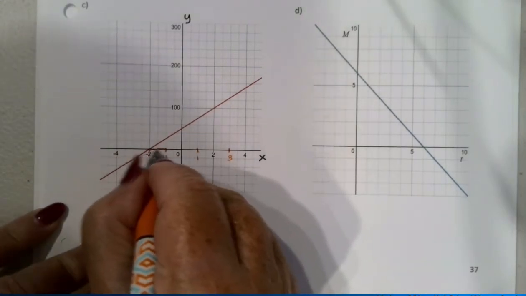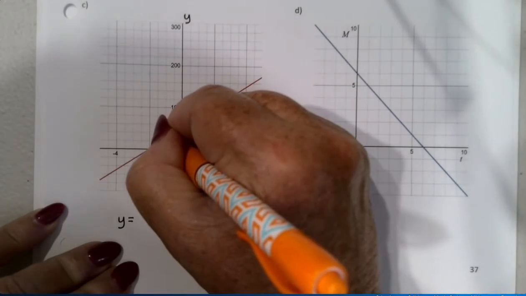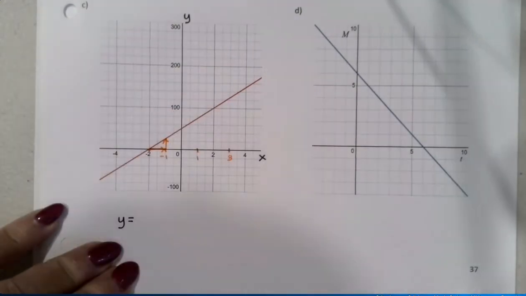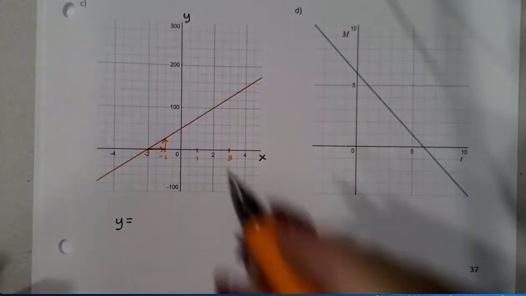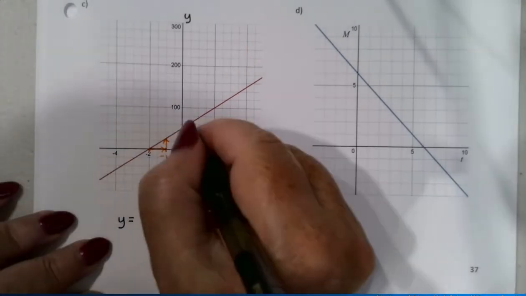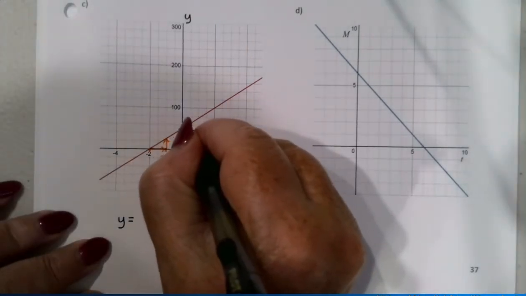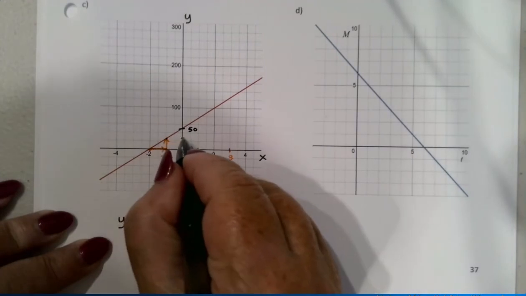If my x goes up by 1, what does my y go up by? Well, I may have to try to estimate here. This goes from 0 to 100, so I'm thinking this looks like it's probably 50. That means that right there is probably 25.